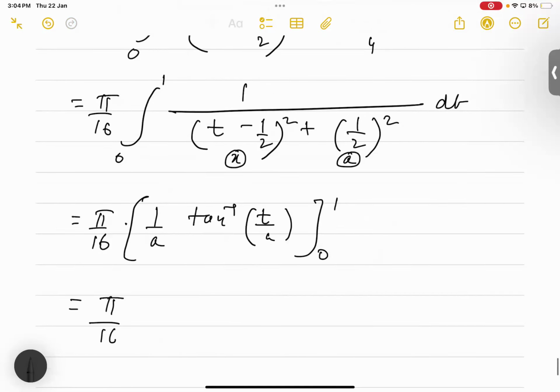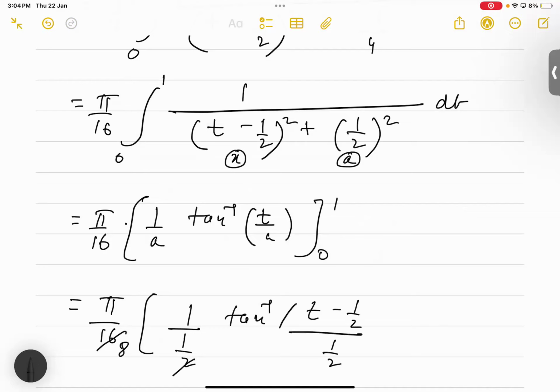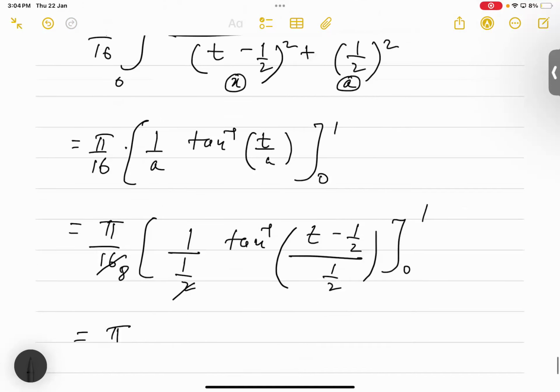Pi by 16. A is half, so this became 8. t minus half upon half. Pi by 8 tan inverse 2t minus 1. Clear?